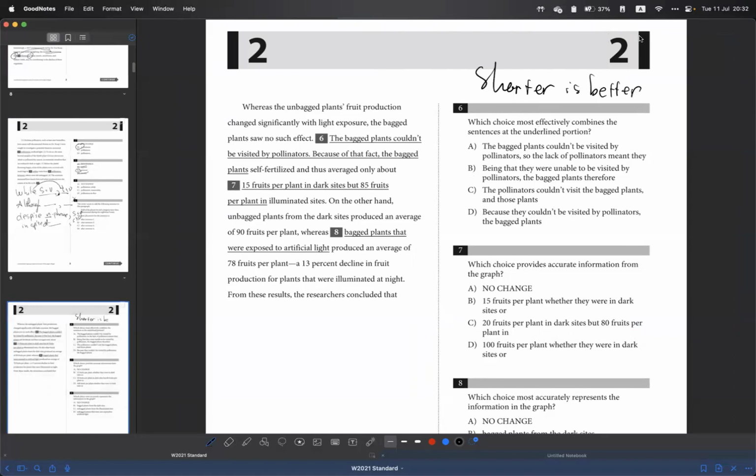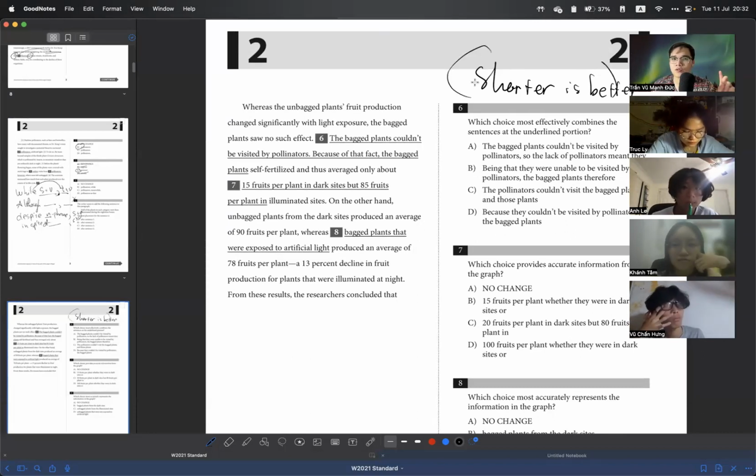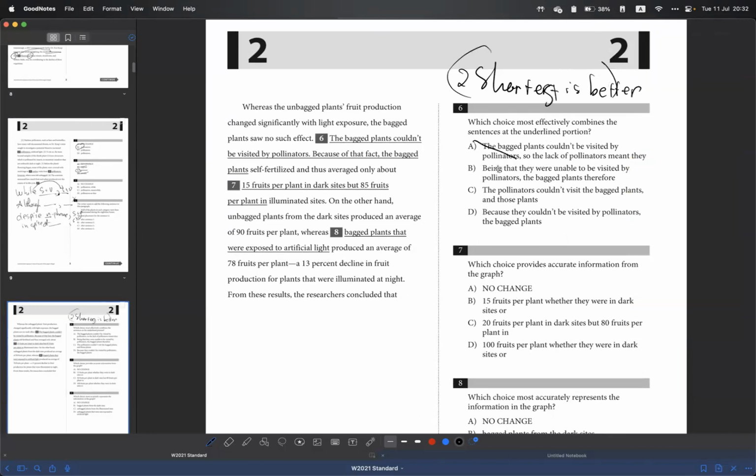This stayed true for, let's see, 2016 to 2018. But things changed, especially on the digital SAT. It's no longer shorter is better, but the two shortest is better. So you can remove the two longest answers, for example A and B. You're left with C and D, which are the two shortest answers.